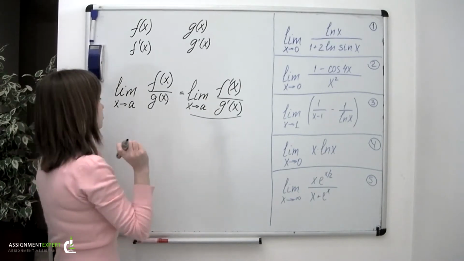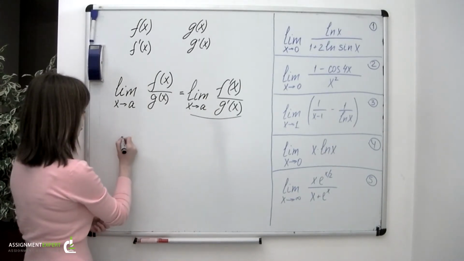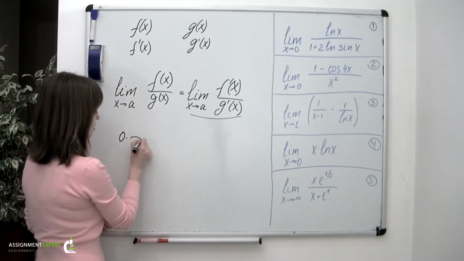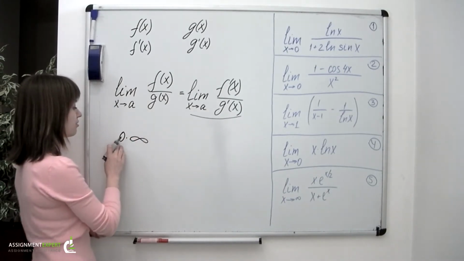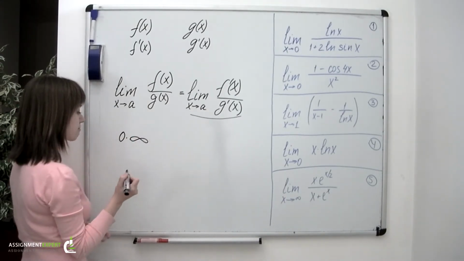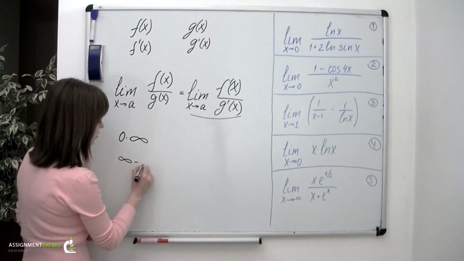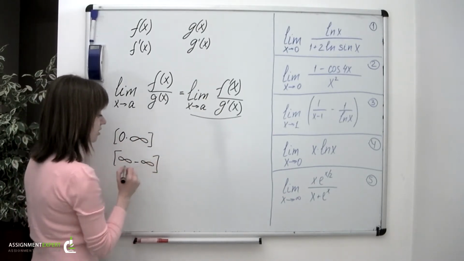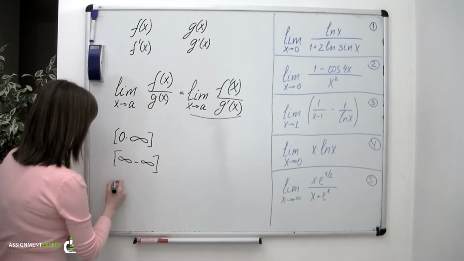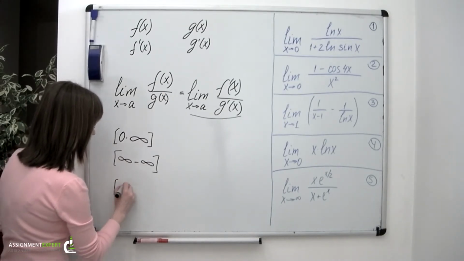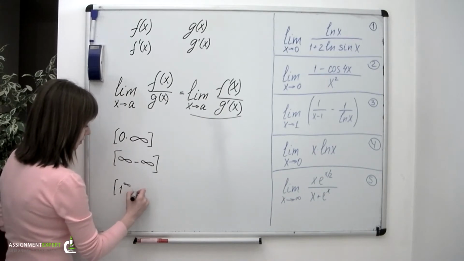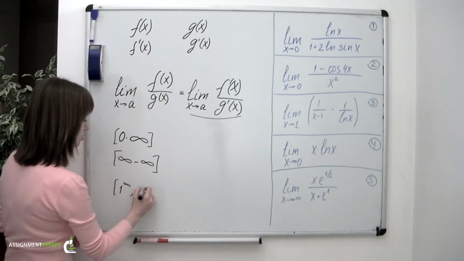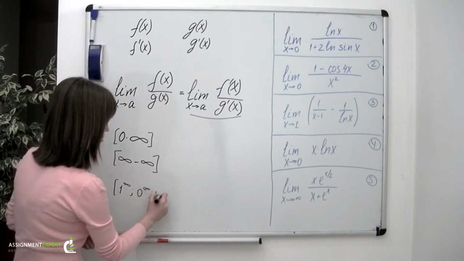While solving problems with limits, we can meet indeterminate products in the form of 0 times infinity, or indeterminate differences like infinity minus infinity, or indeterminate powers like 1 to the infinity, or 0 to the infinity, or 0 to 0.